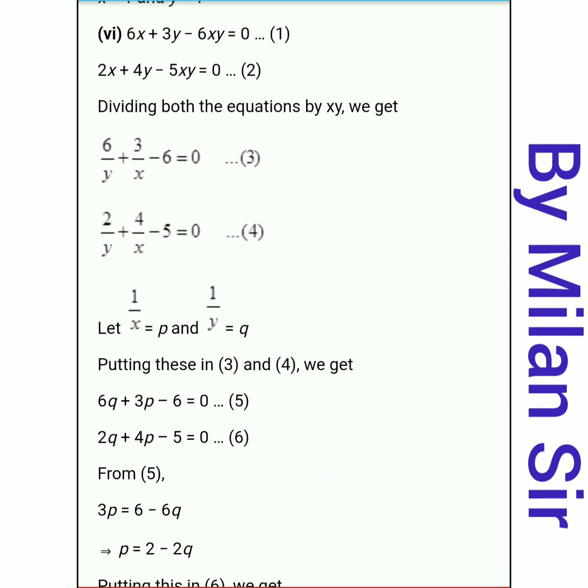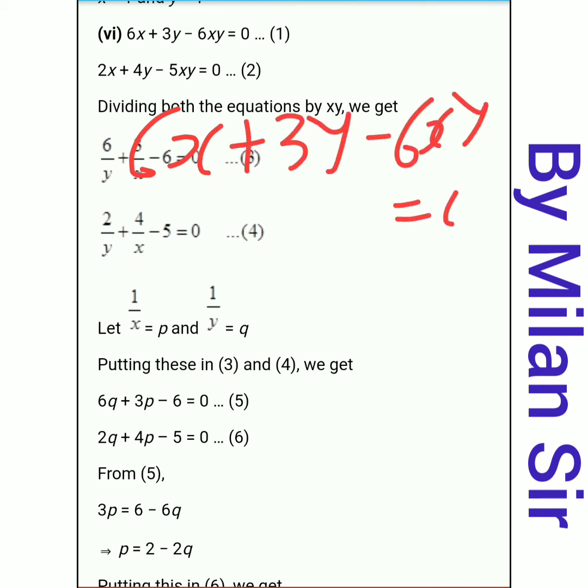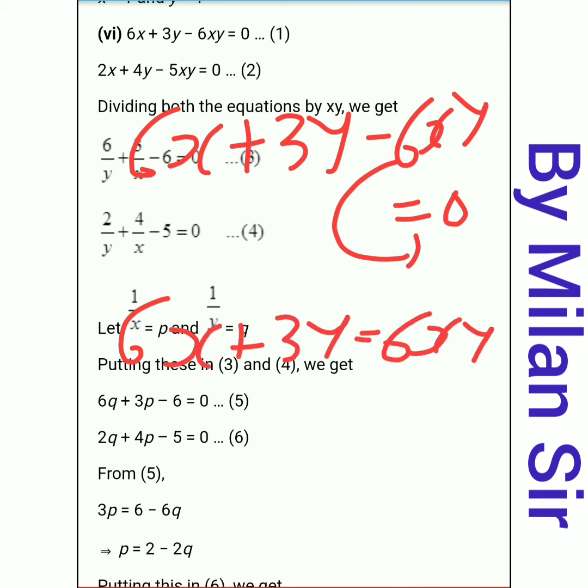Then question number 6. This is a similar type question, right? So first of all, our first equation is 6x plus 3y minus 6xy is equal to 0. So transfer this minus 6xy to the right hand side, so this becomes plus 6xy.